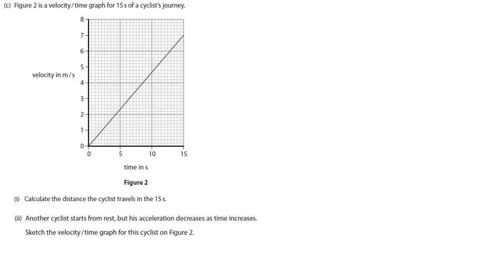Now we've got a velocity time graph showing some of the journey there. So calculate the distance the cyclist travels in 15 seconds. Okay, that's just the area under the graph. And we can see that the shape under the graph is just a triangle.